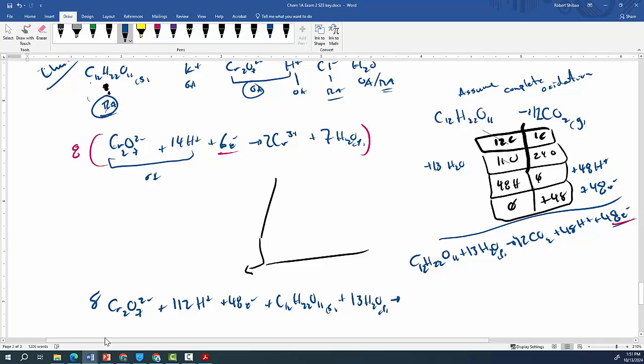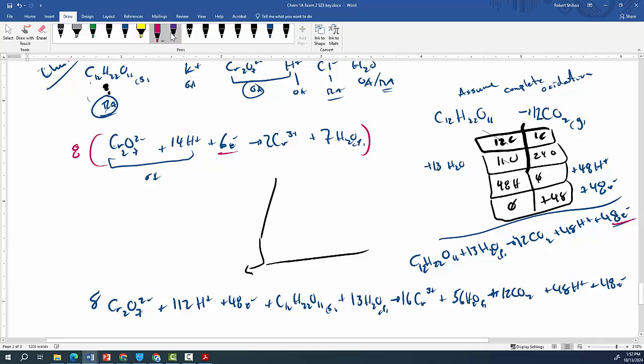And then the products: 8 times 2, 16 chromium 3 plus, plus 56 H2O liquids, plus 12 CO2, plus 48 H plus, and 48 electrons.